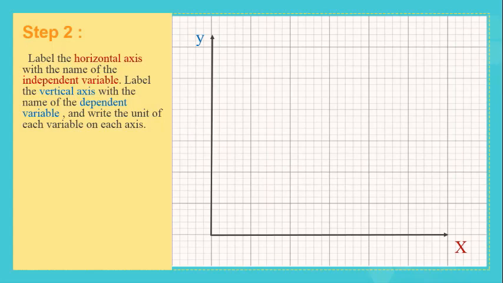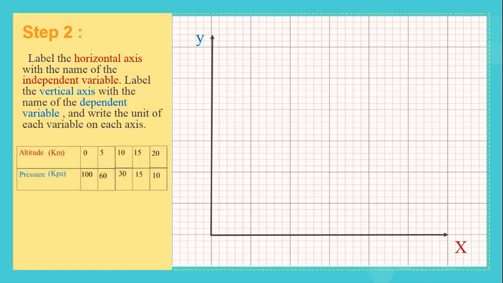To determine the independent variable, we will refer to the table. In the previous video, we explained that always row 1 includes the independent variable and row 2 includes the dependent variable. So what is the independent variable in this case? Altitude.